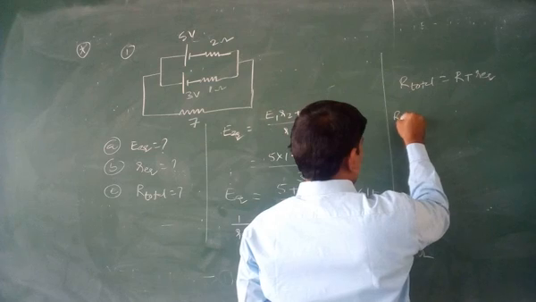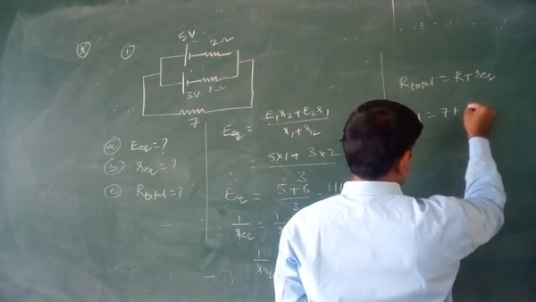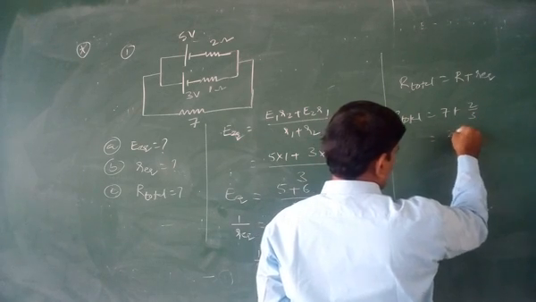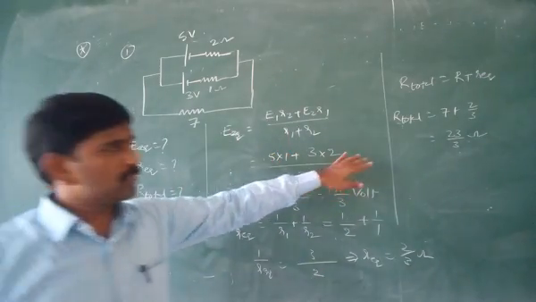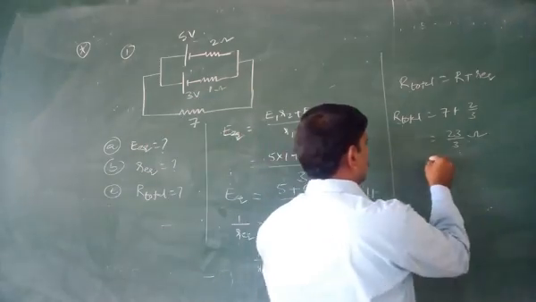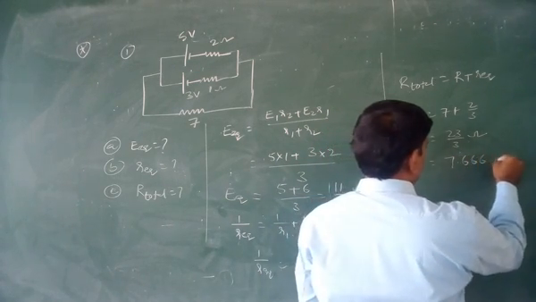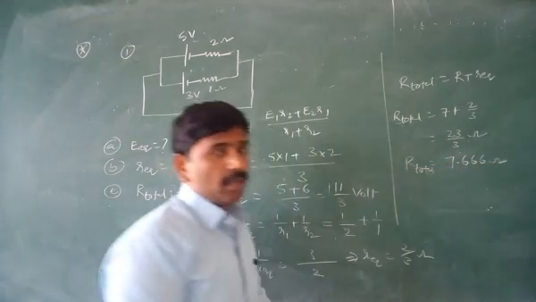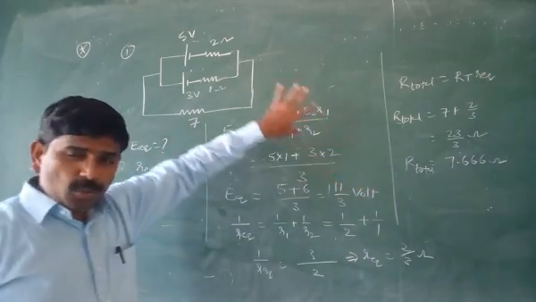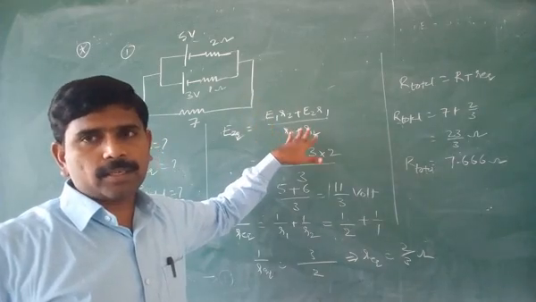So R total is equal to 7 plus 2 by 3, that is 23 by 3 ohms. This is the R total, which is about 7.666 ohms. So R total means the total resistance in that circuit.